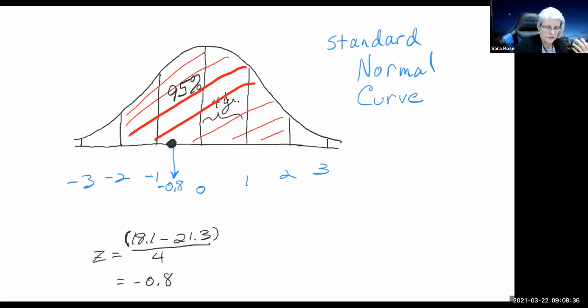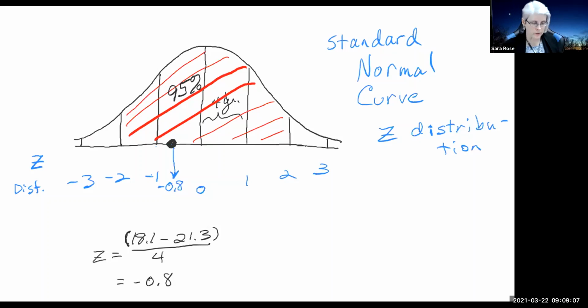And every bit of data within this curve can be converted to a z-score. So we also call this a z distribution. Okay, so the standard normal curve is sometimes called a z distribution. I should write that out. Okay, so that's the letter we use to represent it.